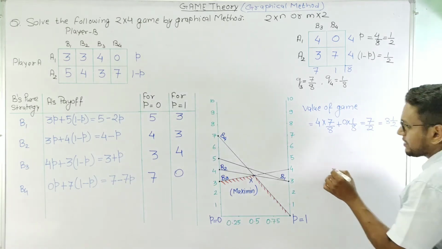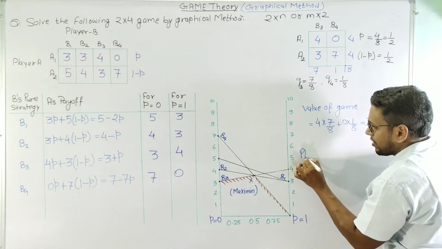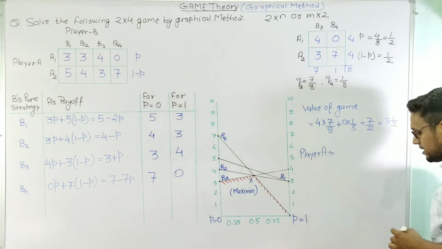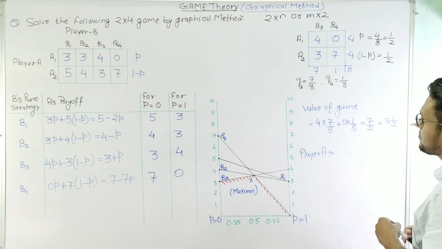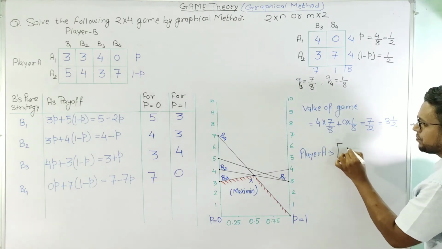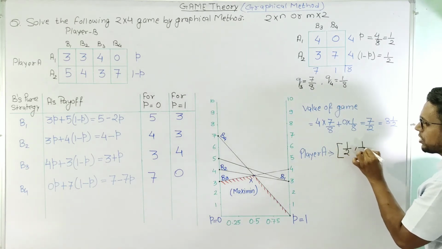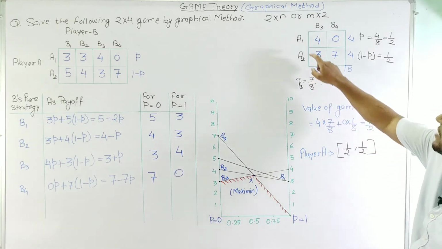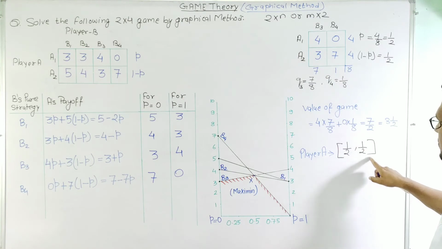And the optimal strategy for player A can be given as 1 by 2 and 1 by 2. That means player A will play strategy A1 and A2 50% of the time.